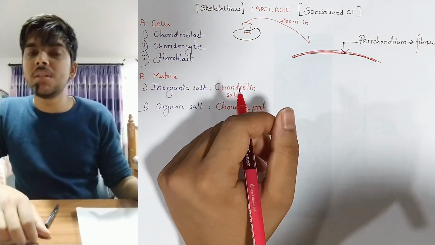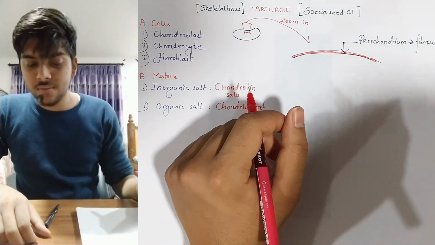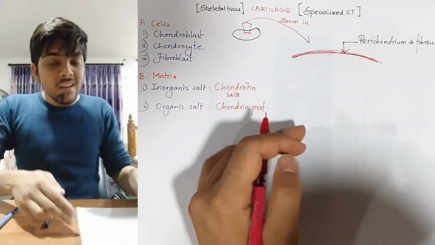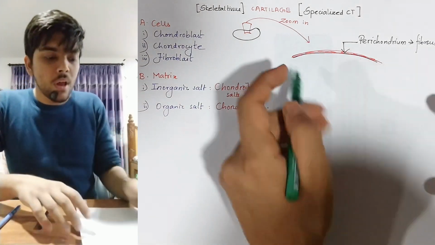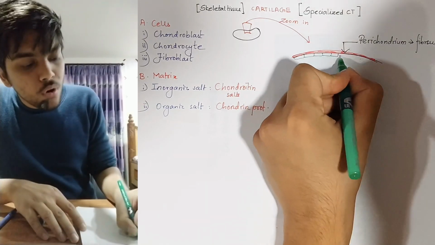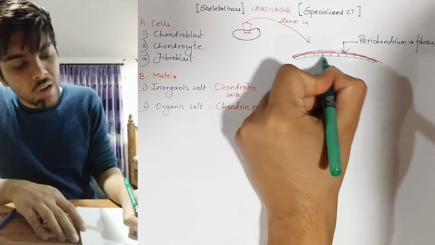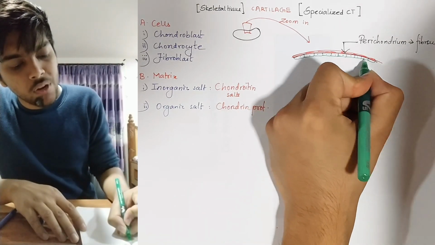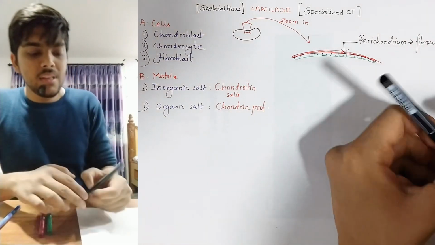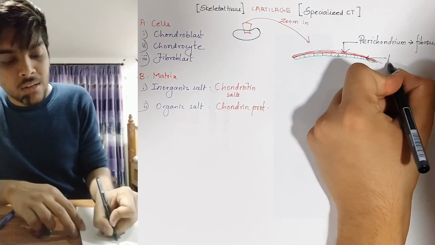Inner to periosteum, there is a layer of osteoblast cells. Similarly, inner to perichondrium as well, there is a layer of chondroblast cells, where chondro refers to cartilage and blast refers to precursor cells. So these cells give rise to cartilage cells or chondrocytes.